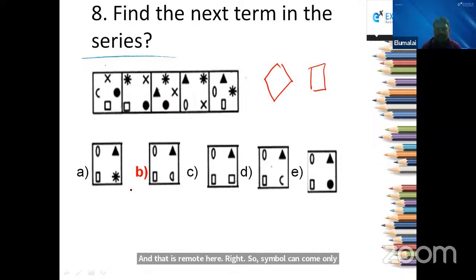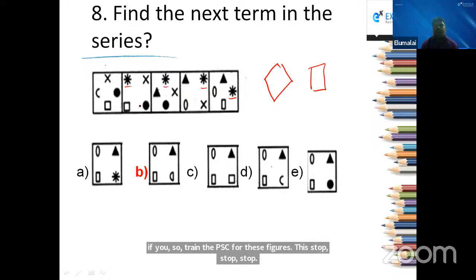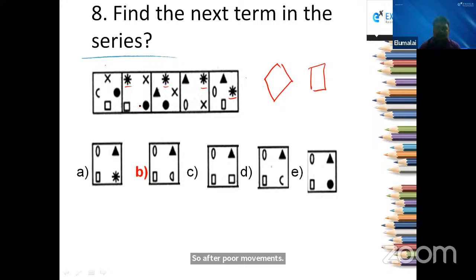So here one of the symbols has to be removed from this figure. What is it? If you trace the previous figures, the star, star, star, star. After 4 movements, they will be removed from the figures, right?